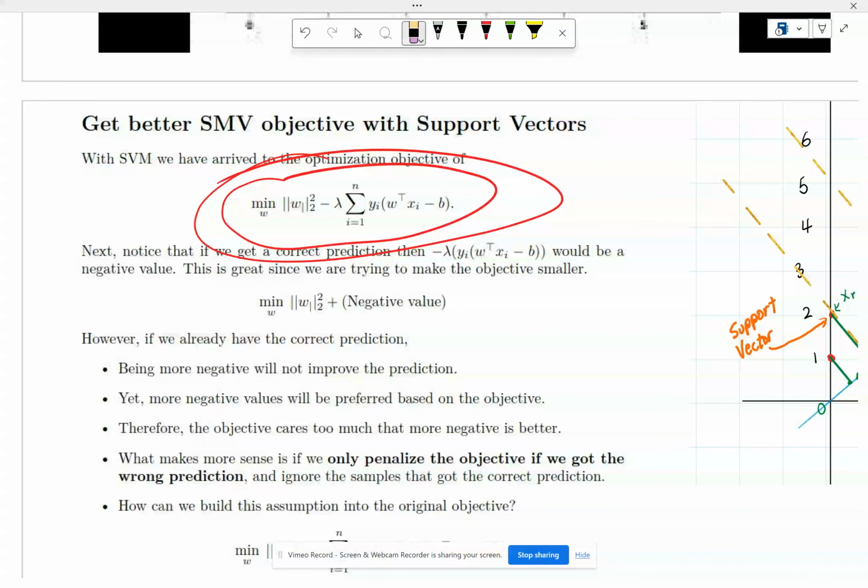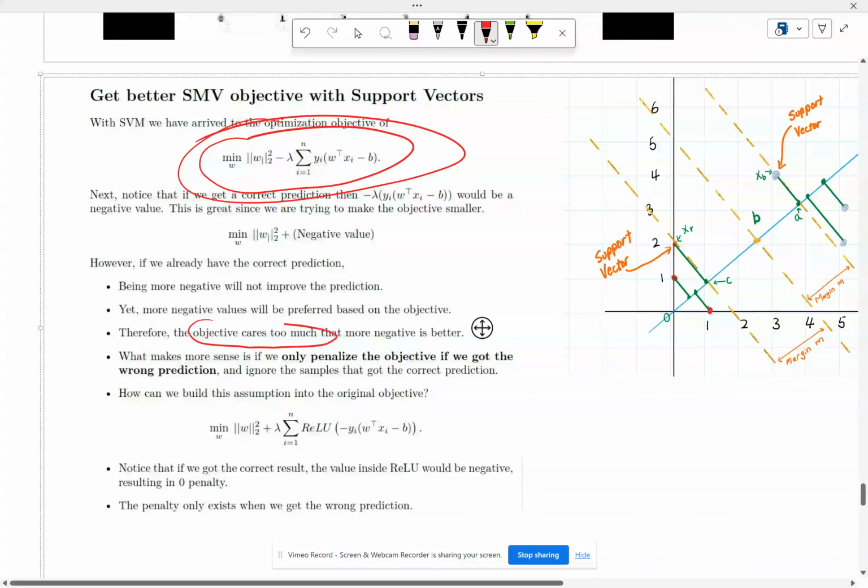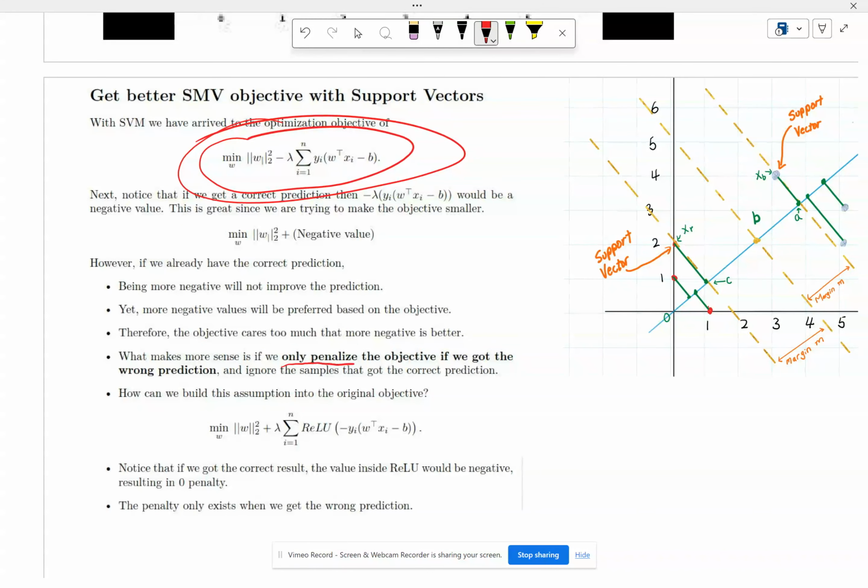Therefore, the objective cares too much that more negative is better. What makes more sense is to only penalize the objective if we get the wrong prediction. So we should really put more focus on the mistake. We want to penalize when we make a mistake, and if it's correct, there's no need to make it more correct.